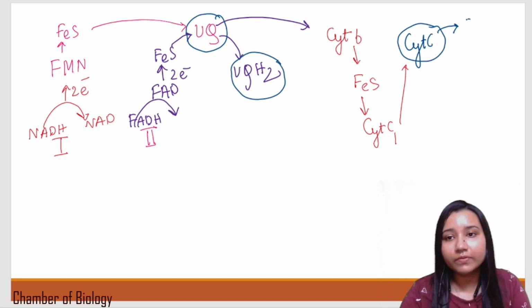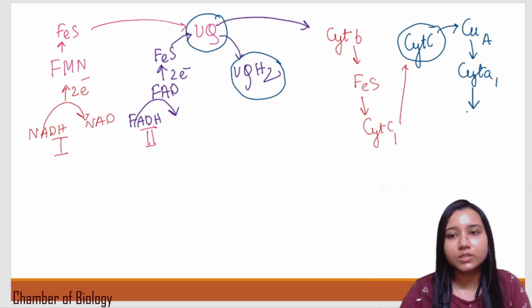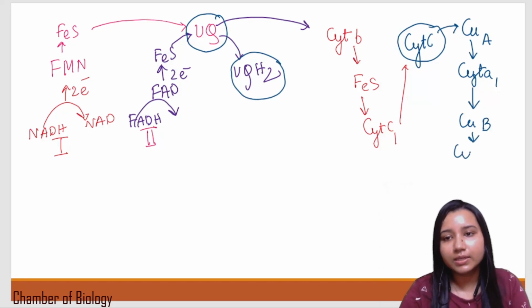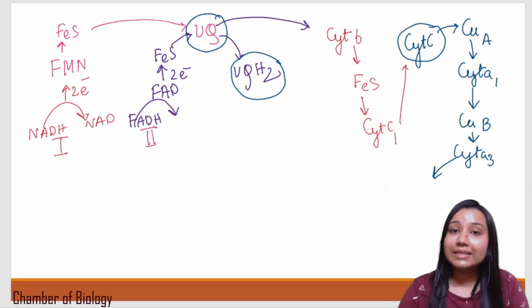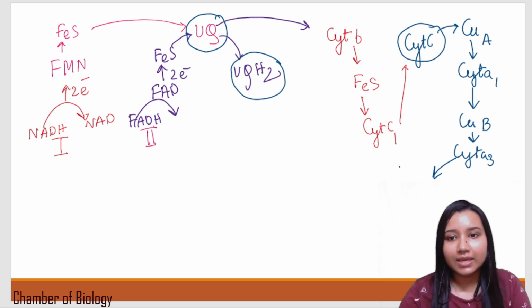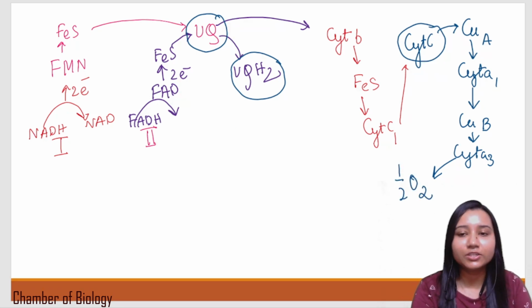Here we will see 2 copper atoms, CuA, then it will go to site A1. Okay, there are 2 sites, then it is going to CuB, and then finally site A3. After this it is going to the oxygen. Half O2 is going to accept the electrons.